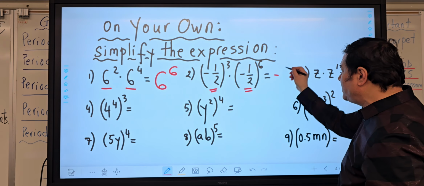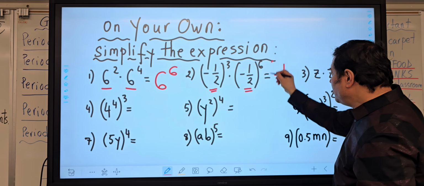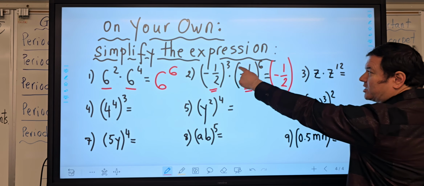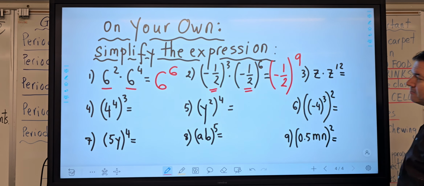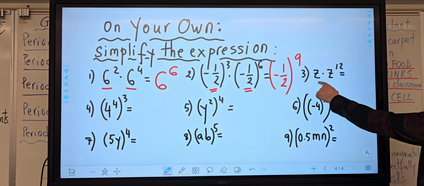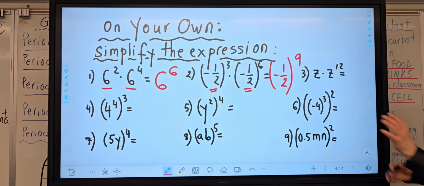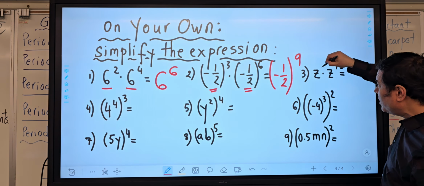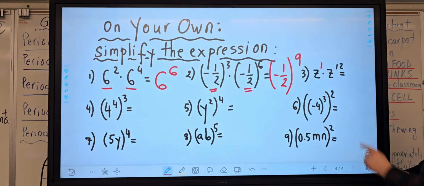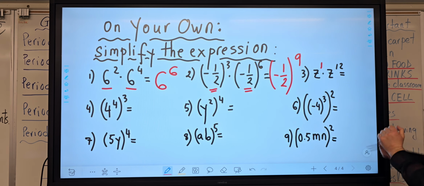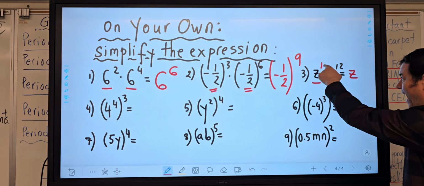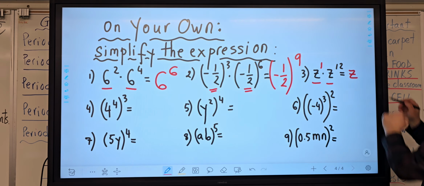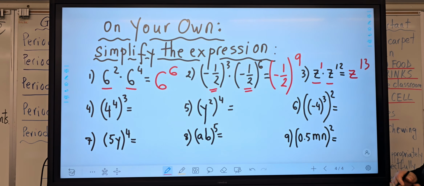So we keep that base, negative 1 over 2. And again, we are going to add the exponents. 3 plus 6 becomes 9. Let's continue. Number 3, we have z to the power of 1. Don't forget to add that invisible 1 there. Times z to the power of 12. Again, the same base. Keep the base and add the exponents. 1 plus 12 becomes 13.